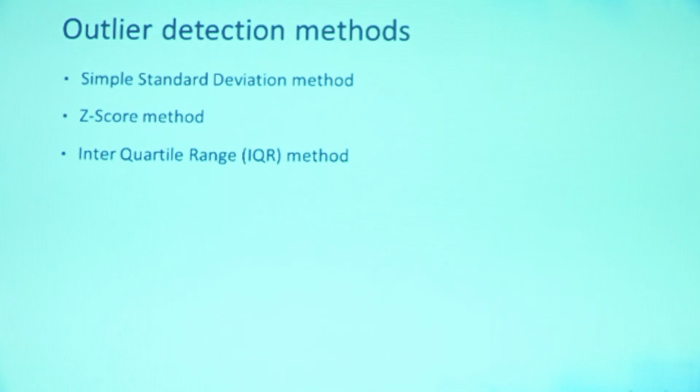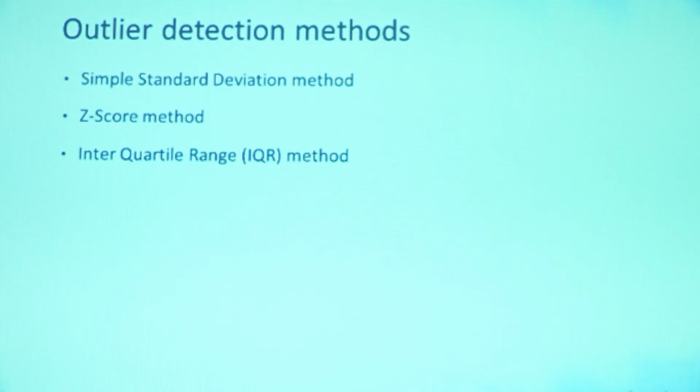Now, there are 3 methods by which you can impute your outliers. To that you have to find out the value by which you must impute. Okay, either you can detect that outlier, either discard it or impute it. So for detection also you have got three methods, guys. One is standard deviation method.